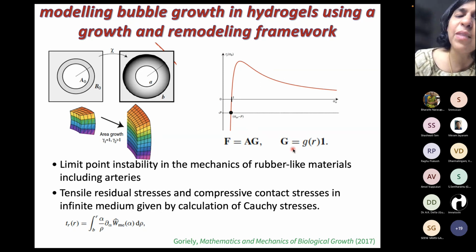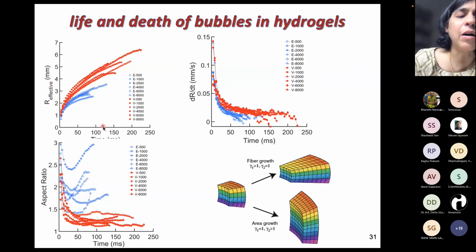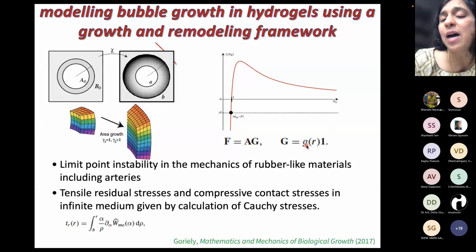The growth tensor is something we can estimate based on all these changes that we've been measuring of how R changes as a function of time, and so on and so forth, where we can estimate a growth tensor as some G of R, which we can get from our experiments. So our idea is that we can look at this limit point instability and then compute what the tensile residue stresses and the compressive contact stresses are in this very large infinite medium by calculating the Cauchy stresses.